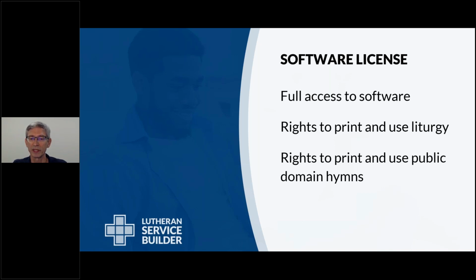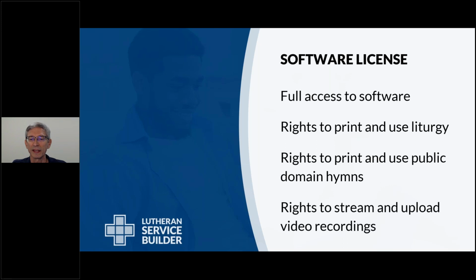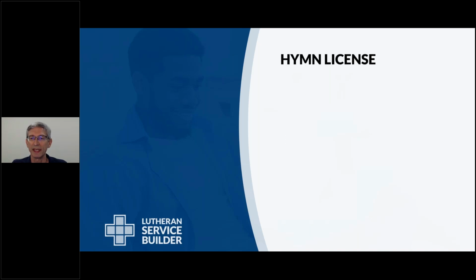Now, many of the hymns are copyrighted, but there are a bunch that are public domain hymns, and those you're able to use through just the software license itself. And this also gives you the rights to stream and upload video recordings to whatever media source you might be using, YouTube, etc.